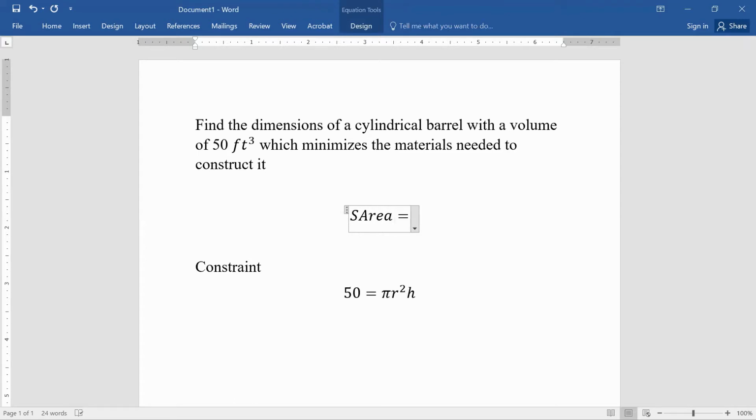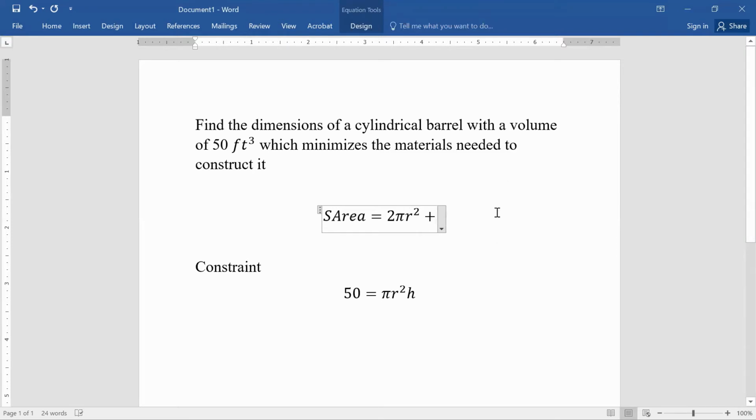The way the surface area goes is you find the surface area of the top circle, that's pi r squared, and then you add the surface area of the bottom circle, that's again pi r squared. So we can call that 2 pi r squared for the top circle and the bottom circle. And then the outer ring.